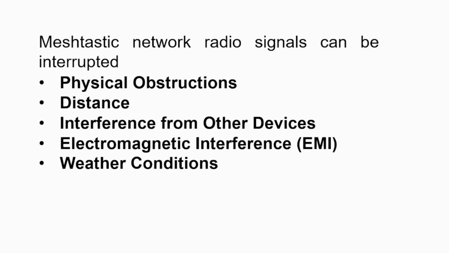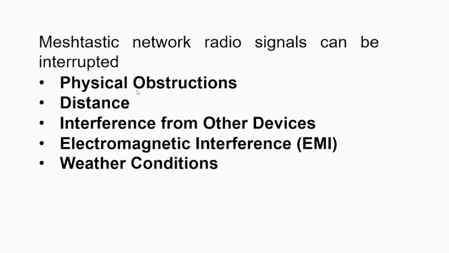Let's say you are many miles or kilometers apart, the radio connection can be weaker. Or there can be interference from other devices around your locations or from power stations. Or it can be because of weather conditions. Now in this video, I'm going to focus on things that we can control, so I'm going to focus on the first two only.